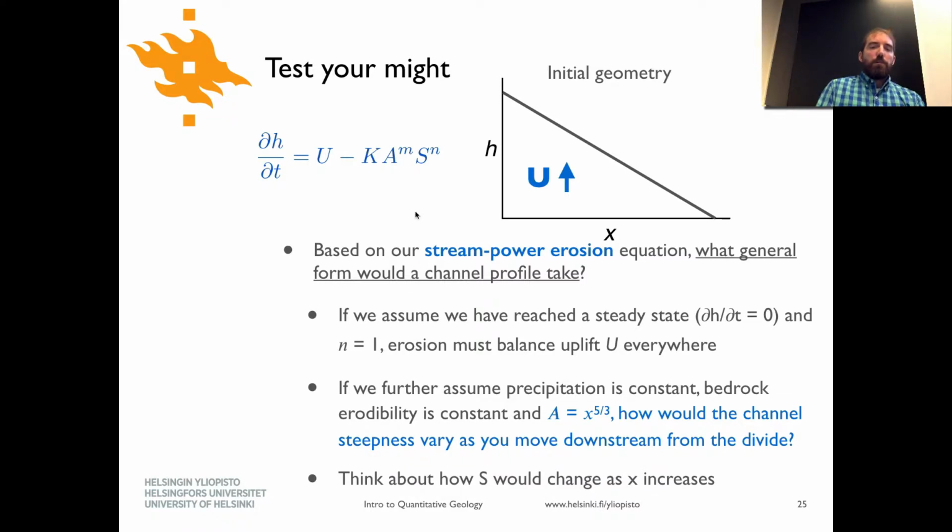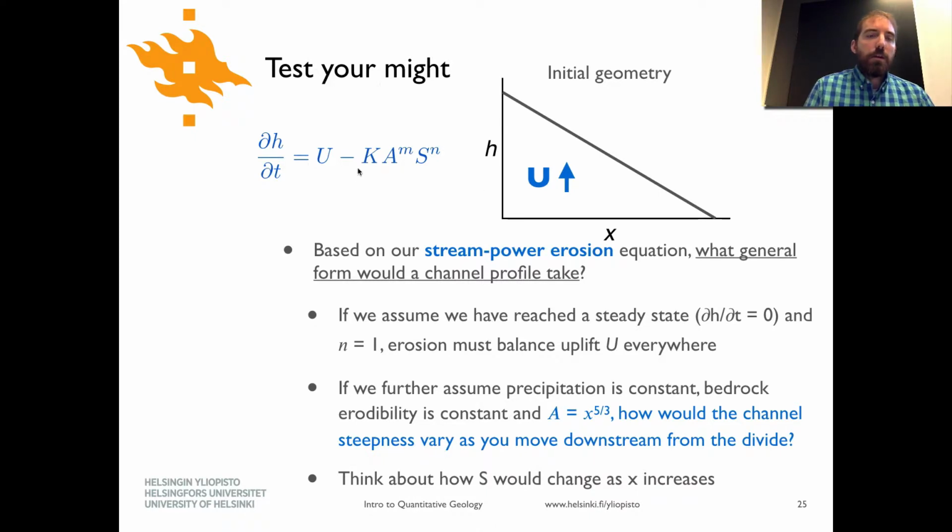But the question here is, what shape do you think your river channel might take with this erosion law if you start out with some initial just constant slope for your topography? If it was undergoing diffusion, this wouldn't change with time. But here we have an advection equation. This is going to change from being something like this with a constant slope to something else.